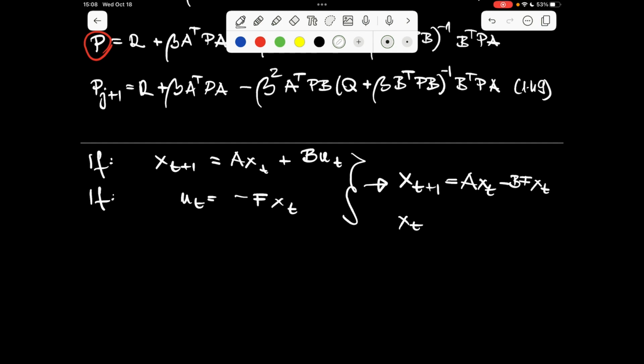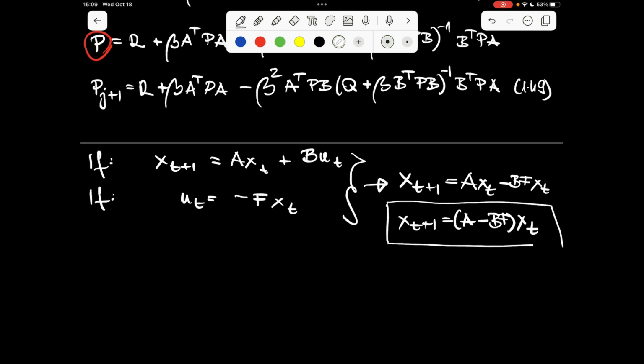Simply put, this is what we have. This is a first order difference equation.